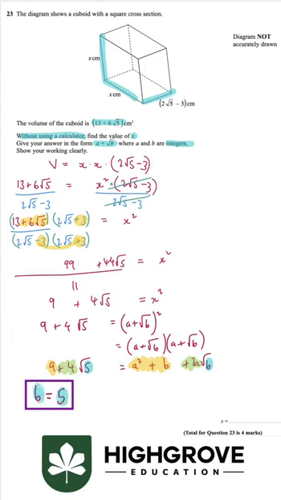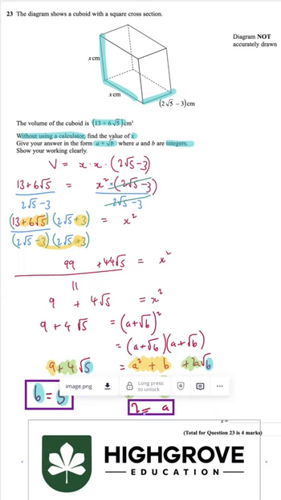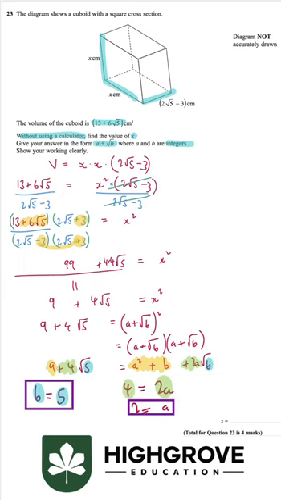And similarly, we can conclude that 4 is equal to 2a, looking at the things we highlighted in green. So therefore, a is equal to 2. And remember what we said about x? X was of the form a plus root b, so now we know a is 2 and b is 5. So the answer is 2 plus root 5.